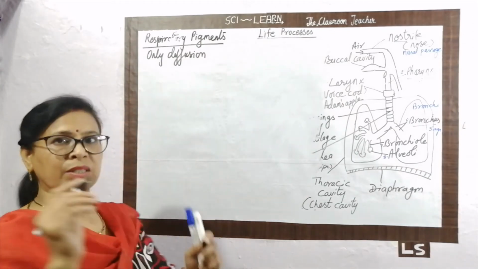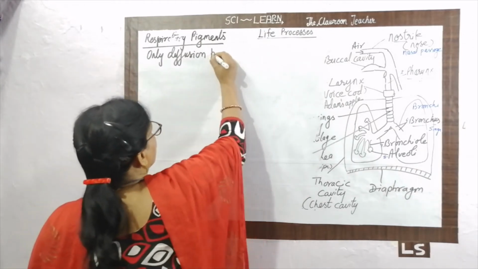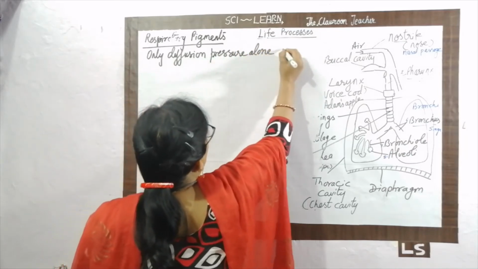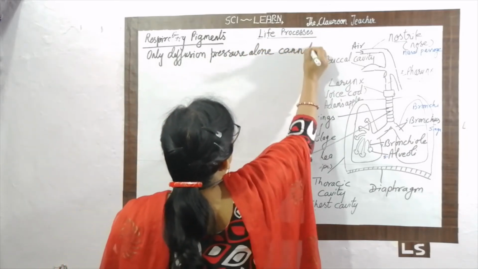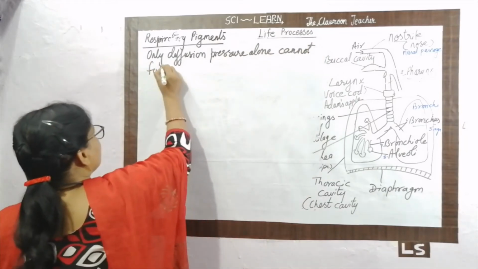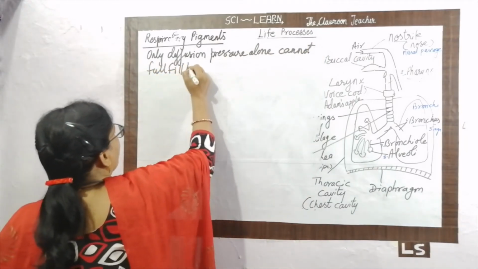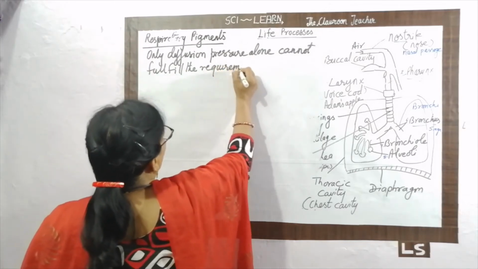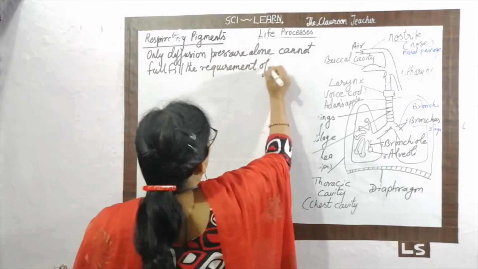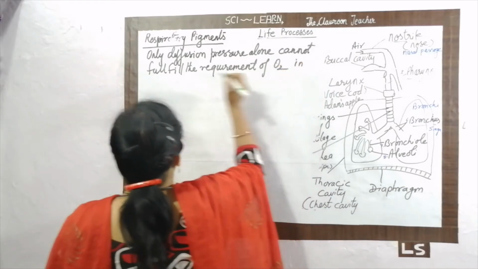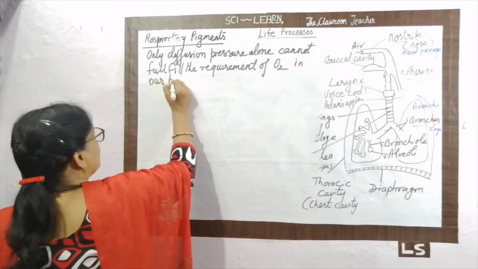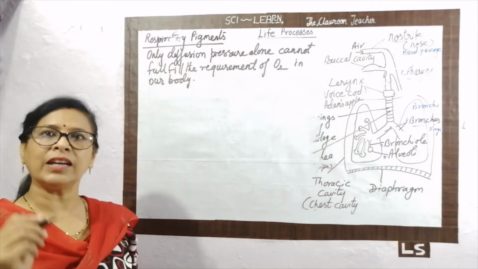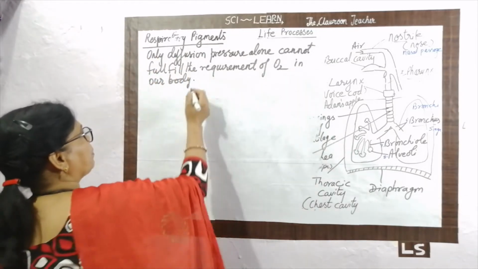The pressure built by diffusion alone cannot fulfill the requirement of oxygen in our body. So our body needs some respiratory pigment.